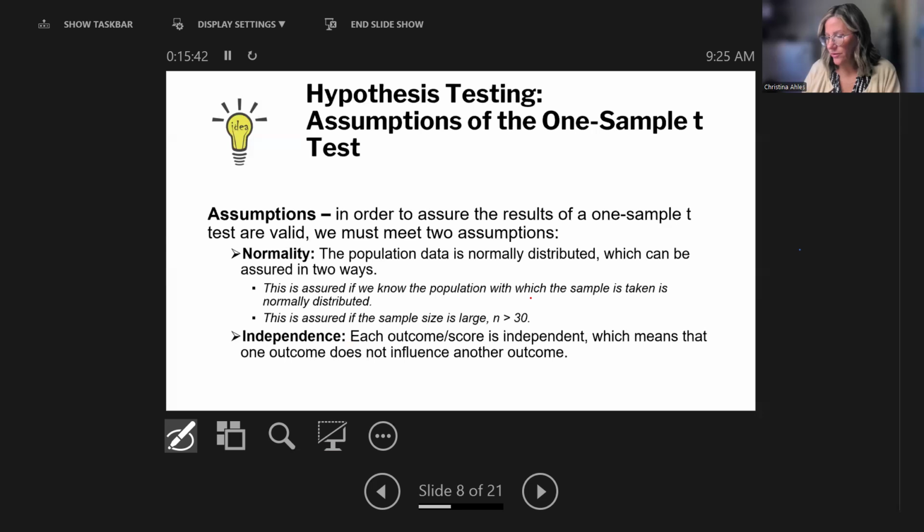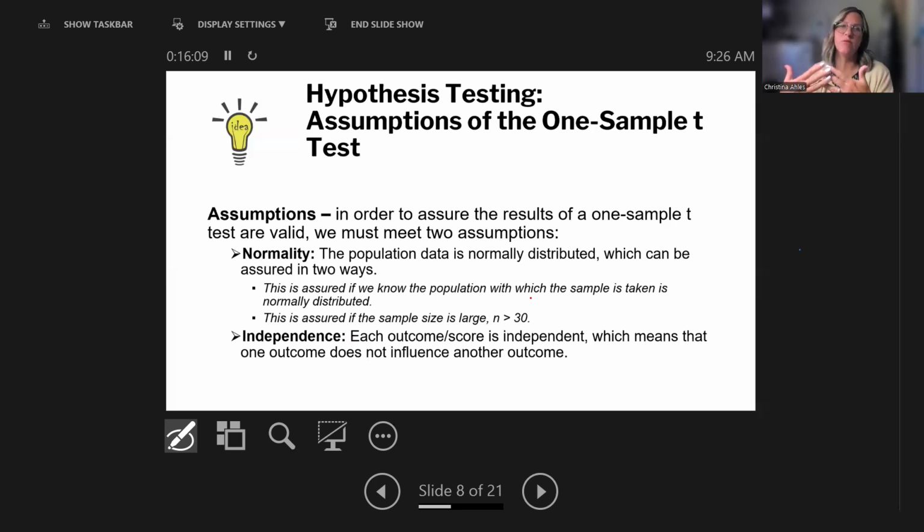So before you even start testing a hypothesis using the t-test, there are some assumptions that you need to be aware of. Basically, assumptions are something that we want to make sure we meet to assure that the results are valid. If you don't meet these assumptions, your results are more than likely problematic.